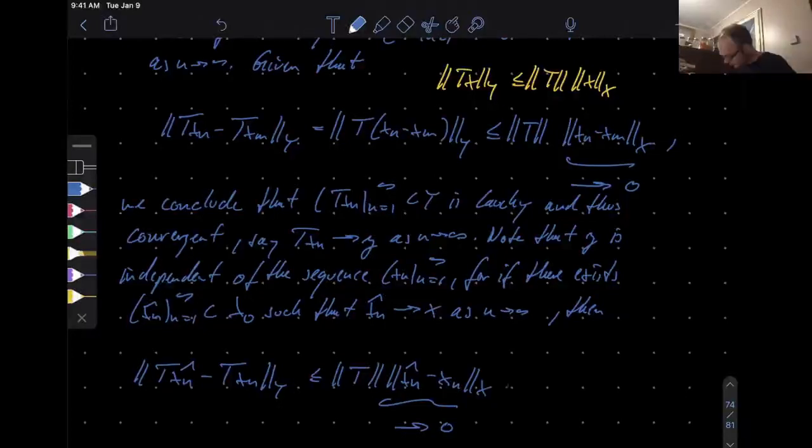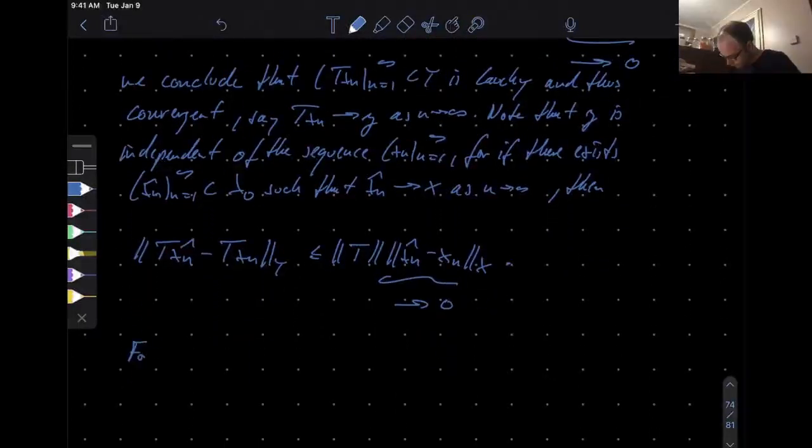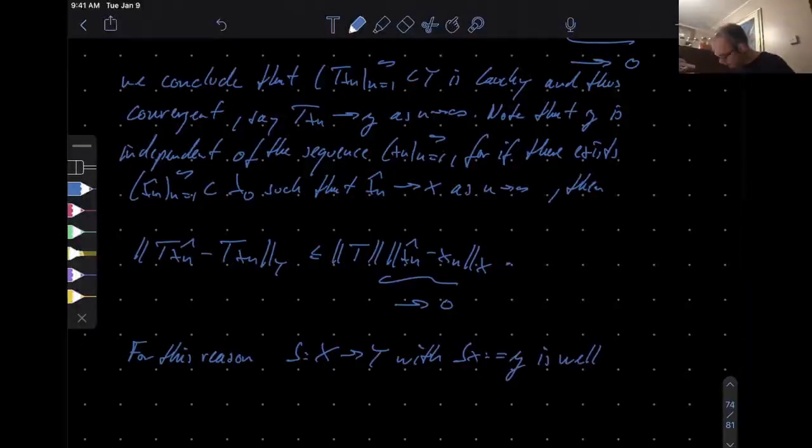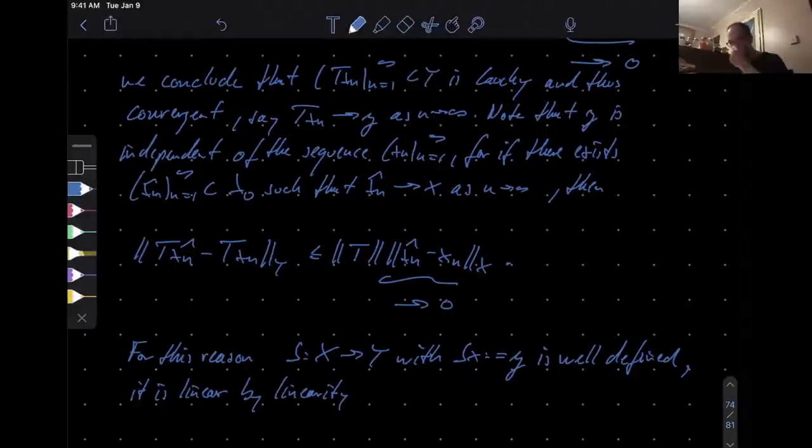Okay, for this reason, the map S from X to Y with S of x equals y is well defined. That's how you define your continuation. Okay, through this limit of sequences. It is linear by linearity of T. Remember, linearity implies continuity, or it's actually equivalent.